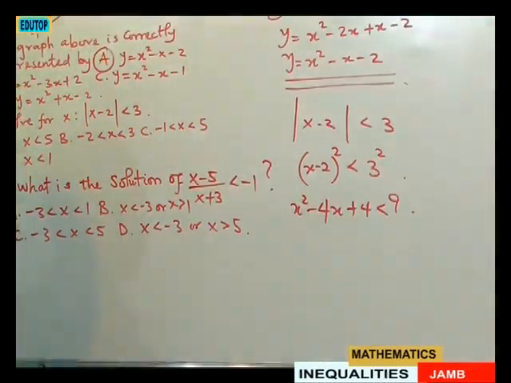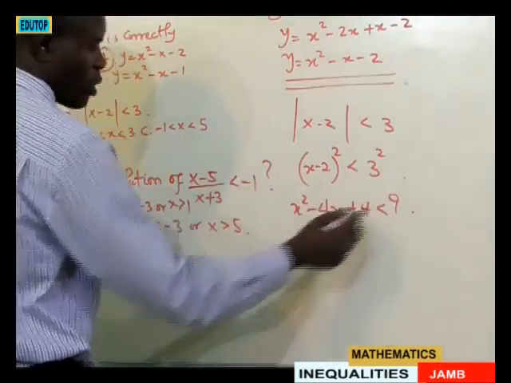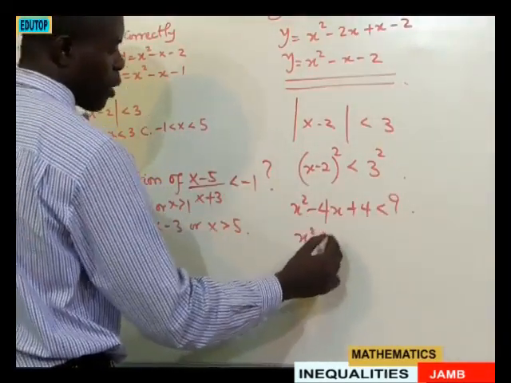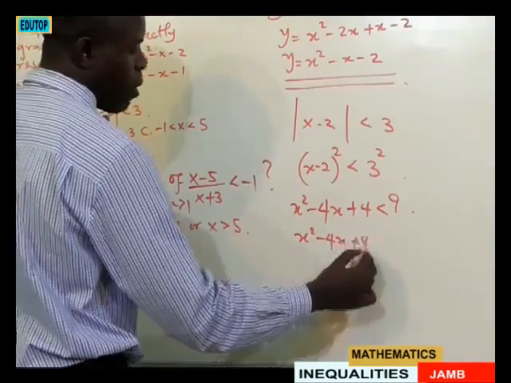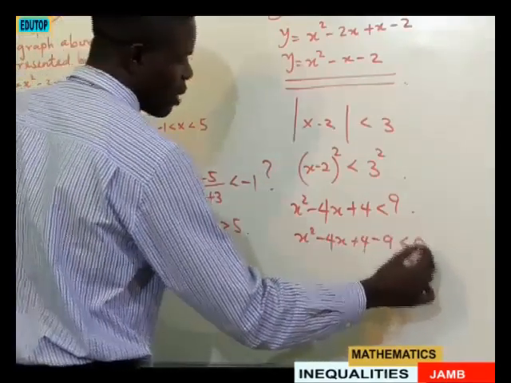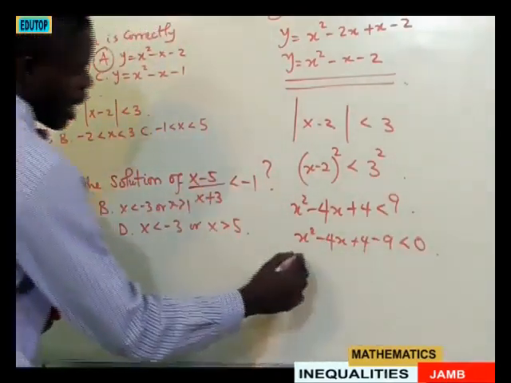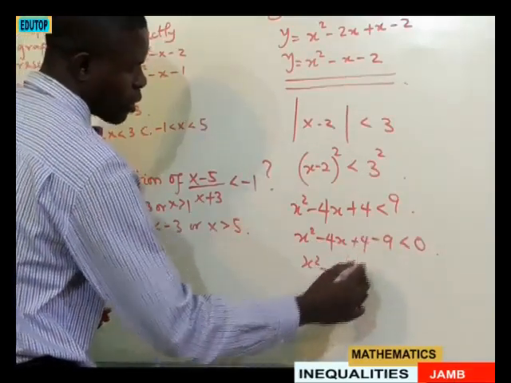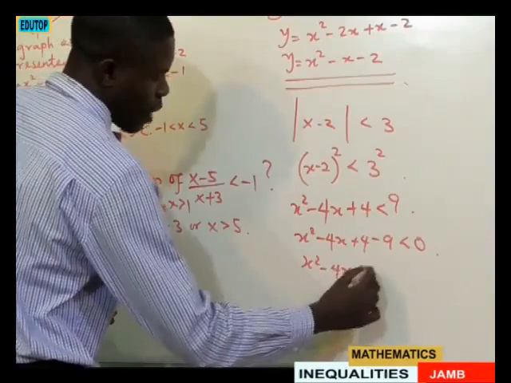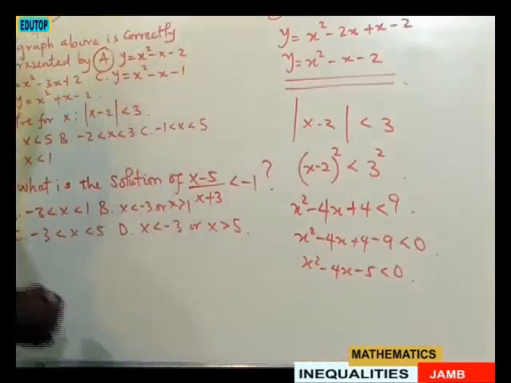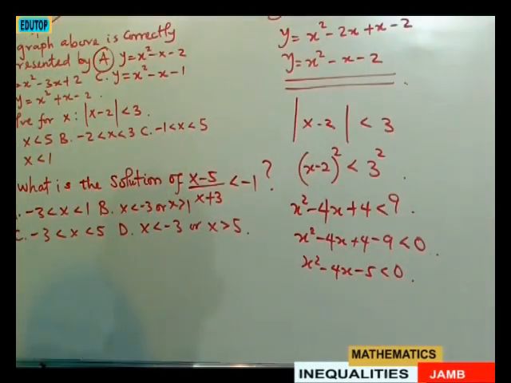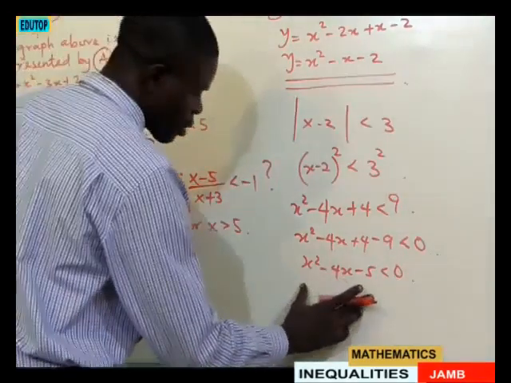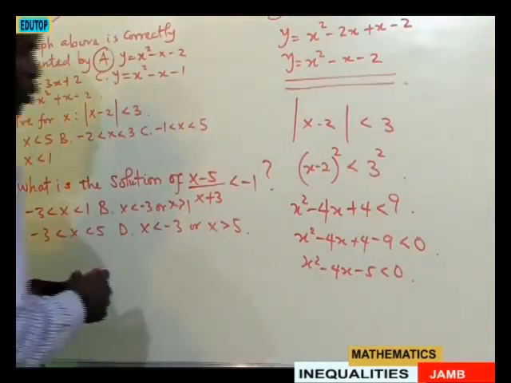Then we try to solve this. Transfer this one to this side. Then we have x squared minus 4x plus 4 minus 9 less than 0. Then we have x squared minus 4x plus 4 minus 9, that's minus 5, less than 0. So at this point, let's try to solve this one by factorizing.